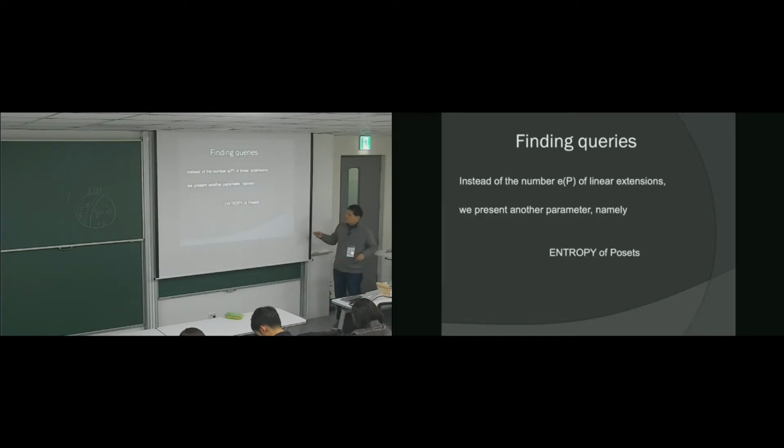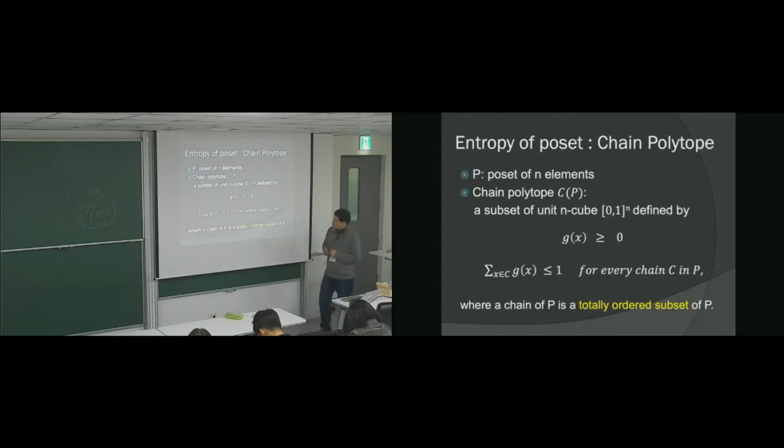So to do that, we introduce the entropy of posets. The entropy of a poset is quite difficult to define, because we have to consider the chain polytope of P. Here is the definition of the chain polytope, which is a little bit complicated.